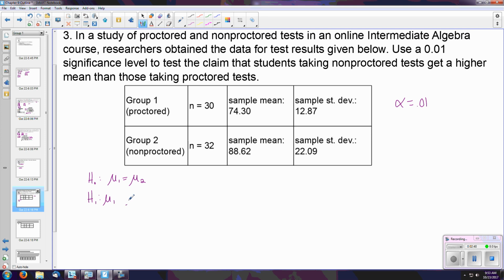So set up your means. Non-proctored is group 2, so that means mu1 should be less than mu2. Again, we're saying that those who take non-proctored tests do better, hence why the sign is pointing towards the non-proctored test.